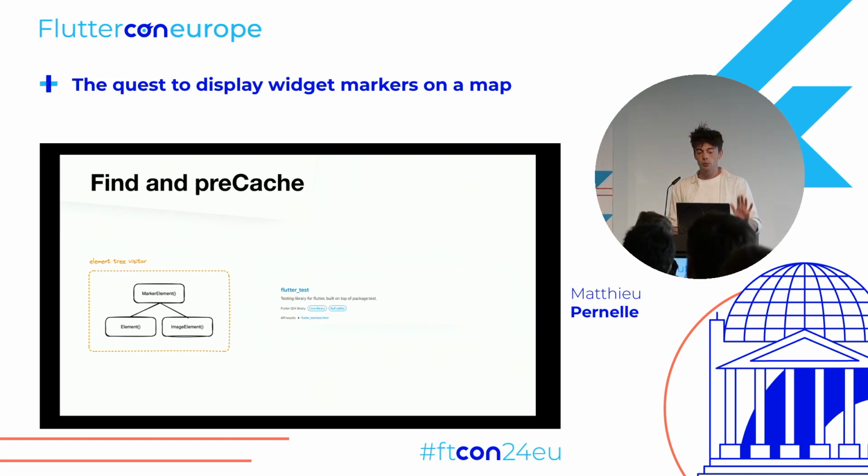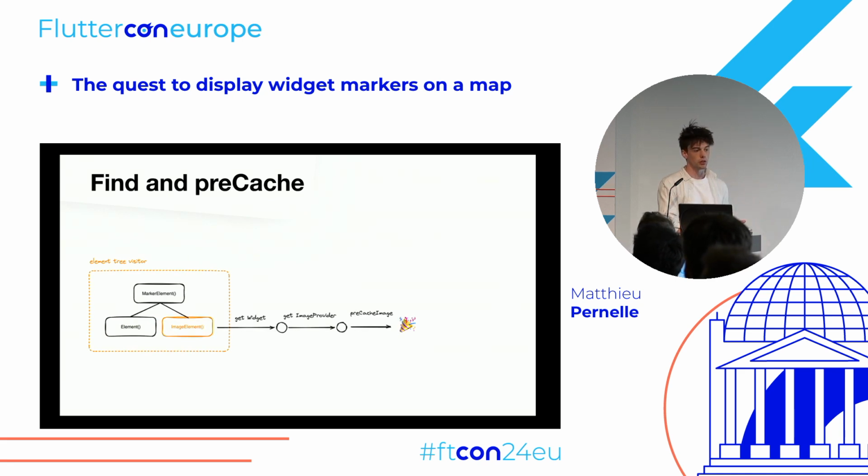So an element tree visitor is an object that will go through every element in the element tree and return a list. So once we have the whole list of elements, we can filter on images, get the associated widget, then get the image provider, and then pre-cache it with the pre-cache function.